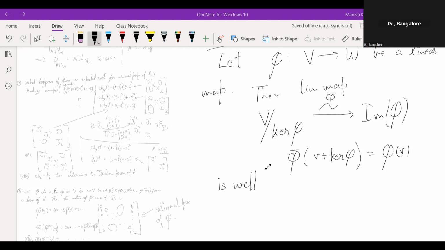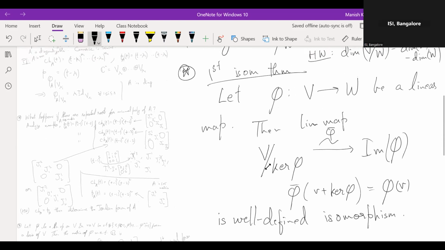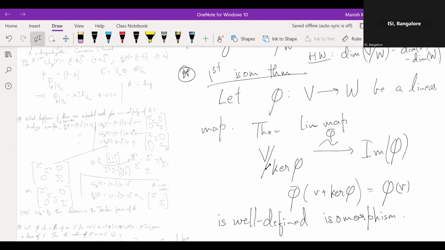So one has to also check that it is well defined, and that it's an isomorphism. Okay, so this is the first isomorphism theorem. So not only are we saying that this is isomorphic, which you can just check by counting dimension, but we are saying that this particular map is an isomorphism.